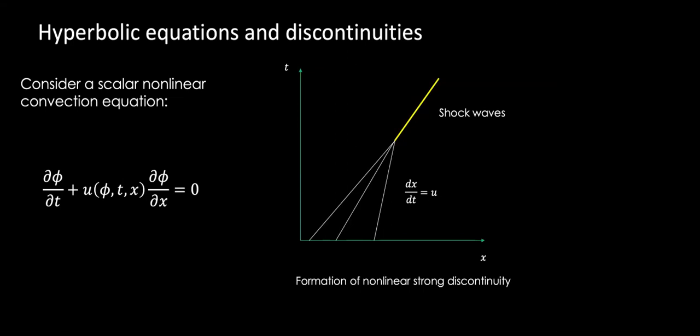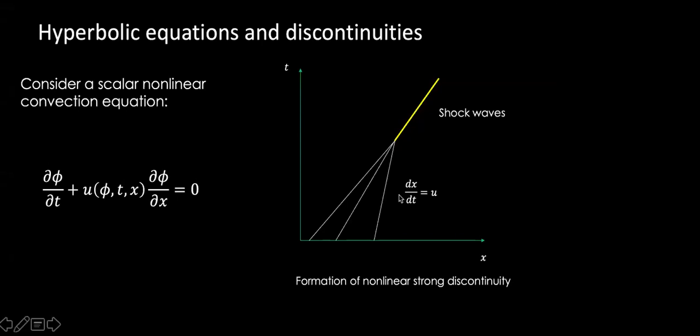Then the shock wave will appear when the characteristic lines merge together. So nonlinear discontinuities always have the feature of compression and convergence. This is an important point in this work.